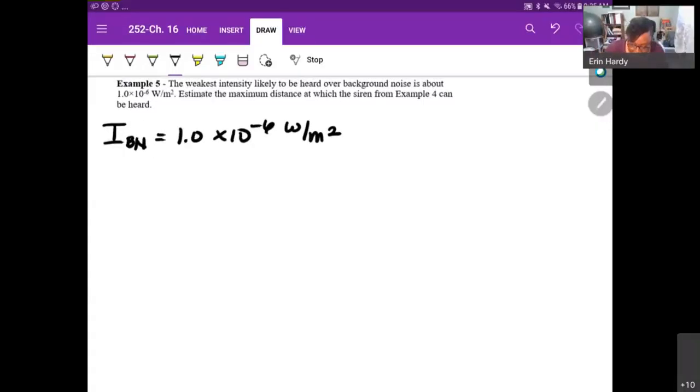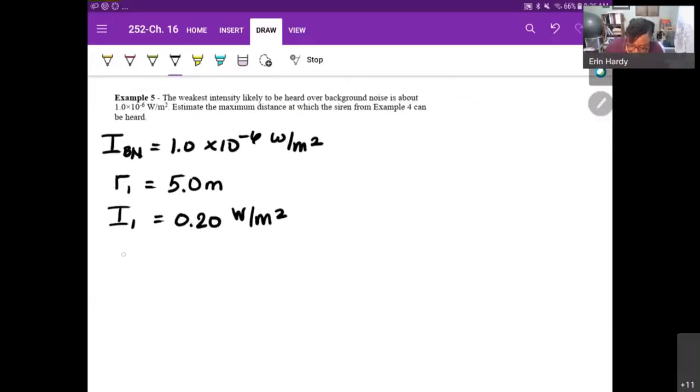Okay, so what we need to carry over from example number 1 is the 5.0 meter distance. The intensity that matched up with that location, I'm going to call that I1. That was 0.20 watts per square meter.